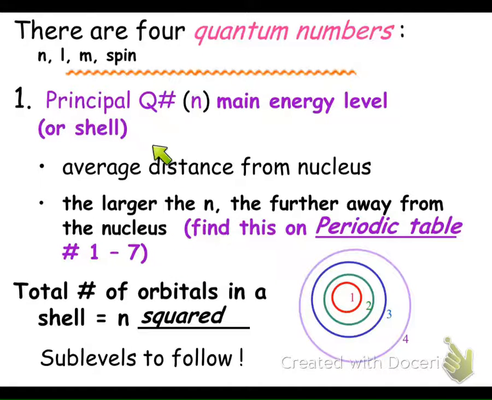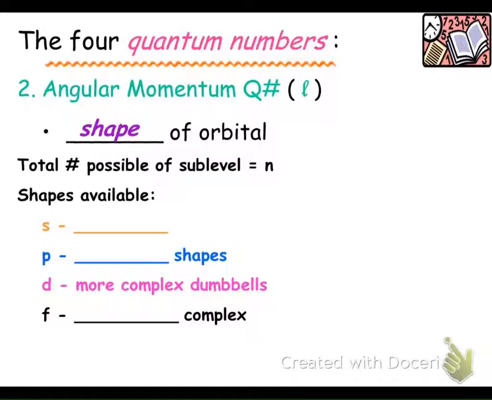So the principal quantum number corresponds with the row on the periodic table. We'll dive into this further when you watch the electron configuration introduction video. The total number of orbitals in a shell is n squared, and we'll talk about sublevels to follow, and we'll follow up on this in a minute just to show you how many electrons can be in each orbital. That's why we talk about that.